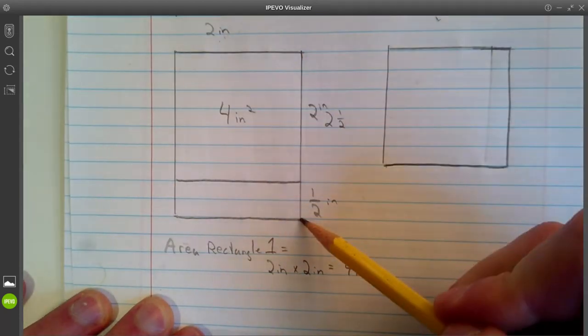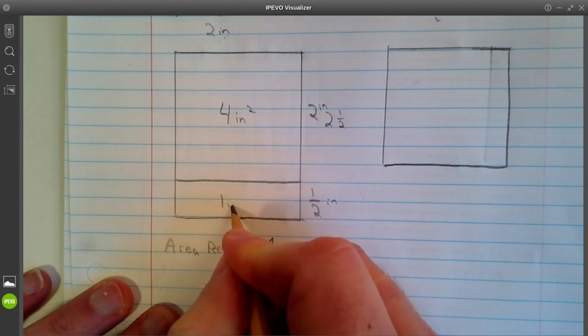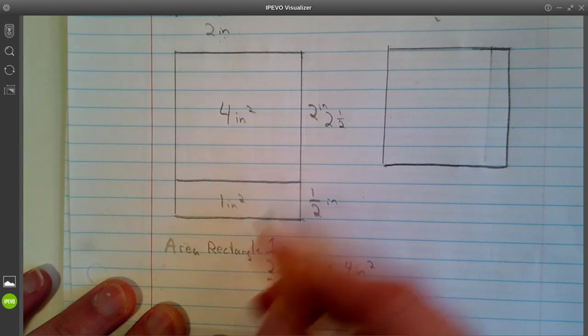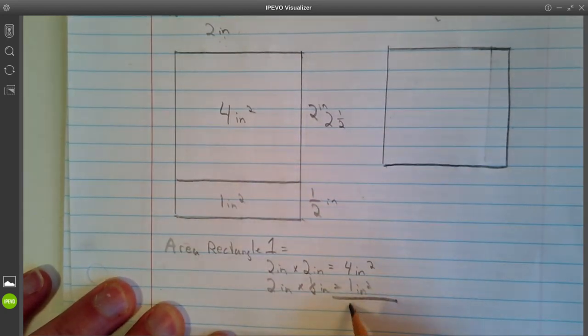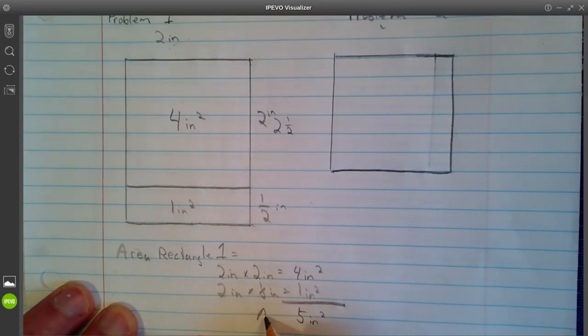And then 2 inches times a half an inch is just 1 square inch. So 2 inches times half inch equals 1 inch squared. So the area of this whole thing is 5 square inches. Okay, that's our final answer here.